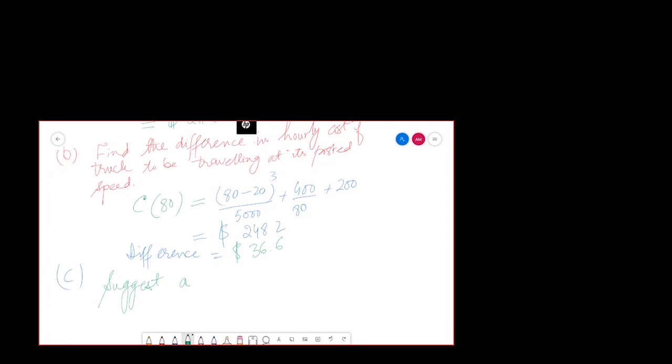If they have more orders to follow, naturally they would say move at 80 because it will save time. But if they do not have an order, it would perhaps be cost effective. If they are not paying the drivers hourly but a lump sum monthly, then perhaps they would ask them to move at the minimum cost speed.